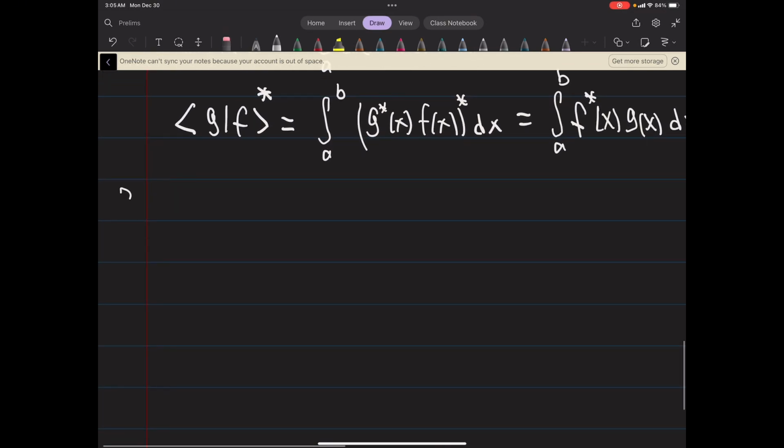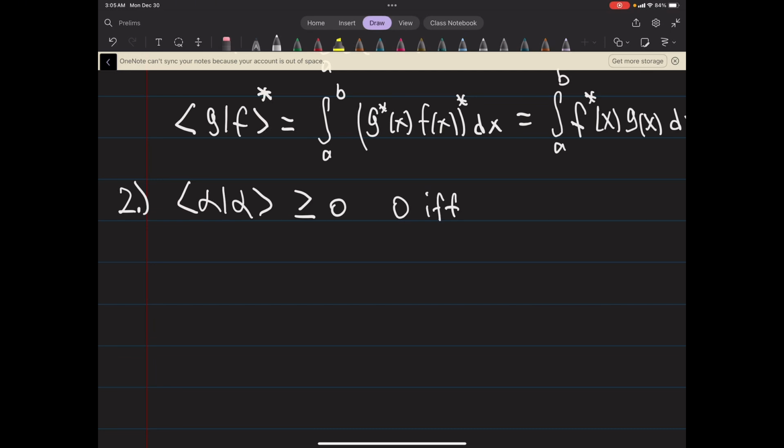There's another condition which says that the inner product between two identical vectors is greater than or equal to 0, and it's 0 if and only if your vector A is the null vector.